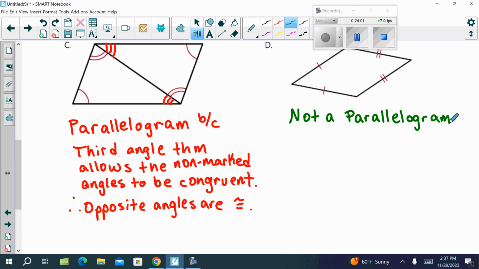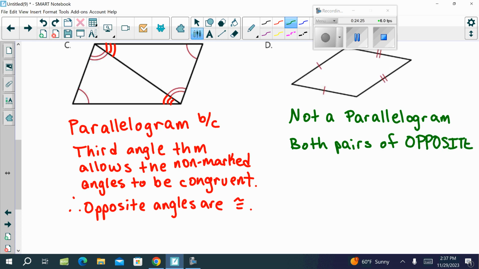And right now, the pairs of congruent sides are what? Consecutive. Okay, so these are consecutive sides congruent, not opposite sides congruent. So we would say both pairs of opposite sides must be congruent.